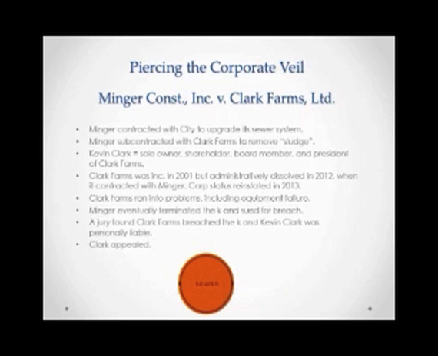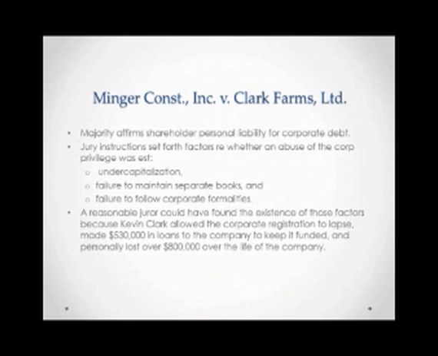So Minger eventually terminates the contract, gets someone else to do it, and sues Clark Farms for breach and seeks to impose personal liability on Kevin Clark. So a jury found Clark Farms breached the contract, and Kevin Clark should be held personally liable. So he appeals.